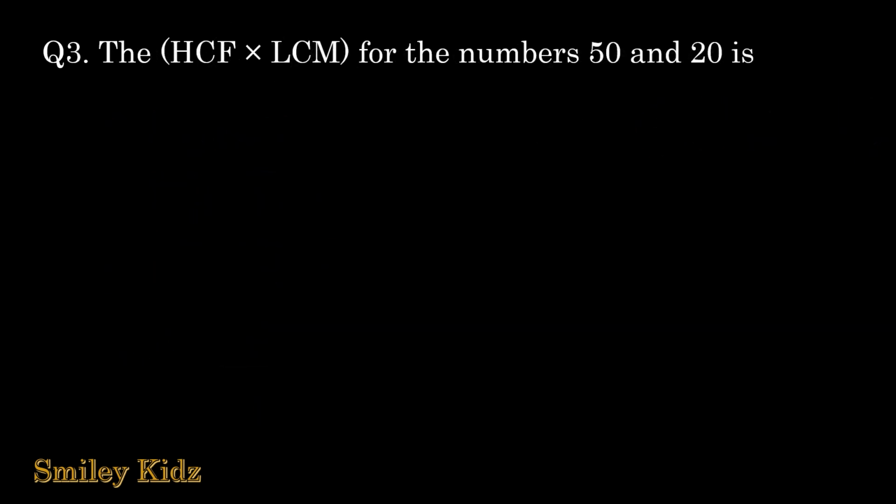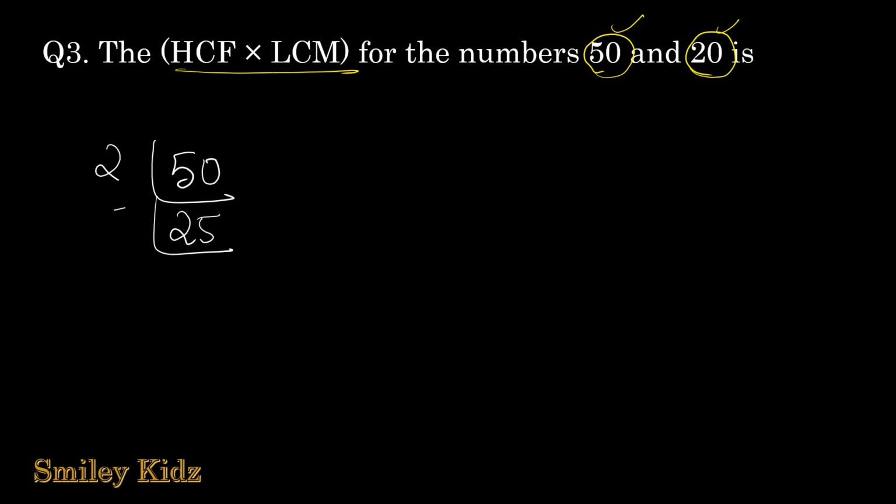Question number 3. The HCF times LCM for the numbers 50 and 20. Now, in order to find the HCF and LCM of 50 and 20, we're going to first find out the prime factors of them. Right. So, 50, 2 times 25, then 5 times 5 and 5 times 1.